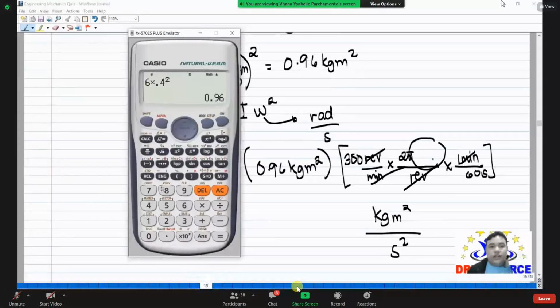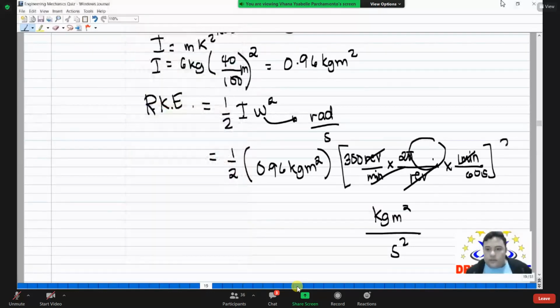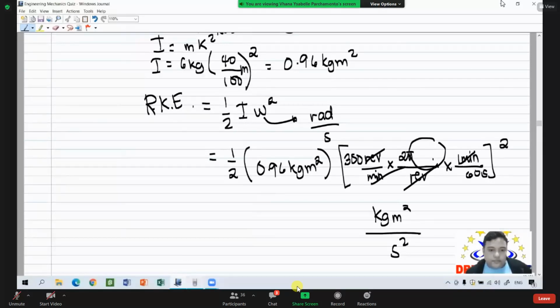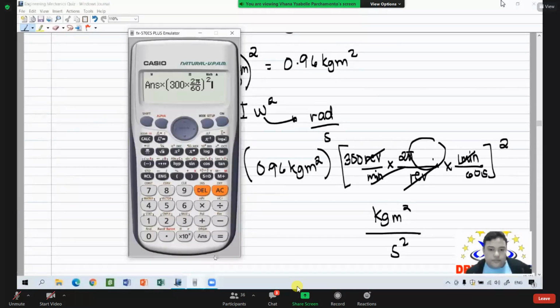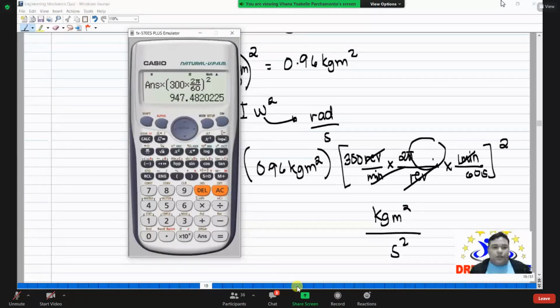So that is 0.96 times 300 times 2 pi over 60. So ito, tong 300 na to, naka quantity squared. So that is 947.48.